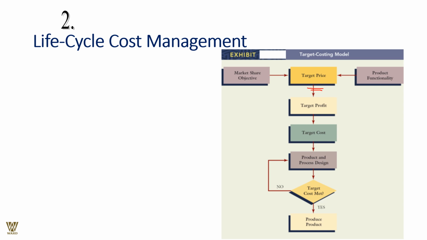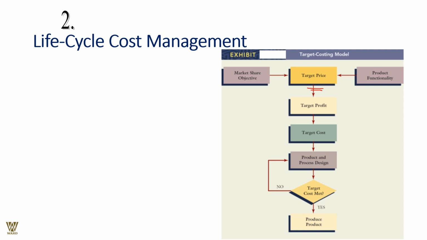Now what is the market share objective and product functionality? This is coming from the market: what are we looking for, what is the market anticipating from us. So based on the target price, we need to figure out the target profit, and once we have done the target profit, we need to arrive at the target cost. If I can only manage this cost and this price, we will automatically squeeze in a profit.